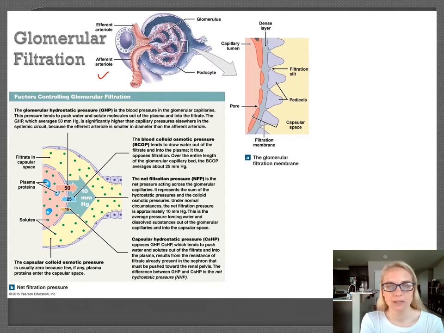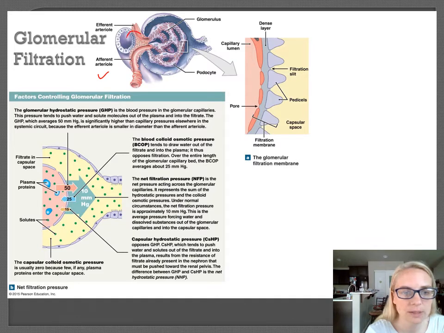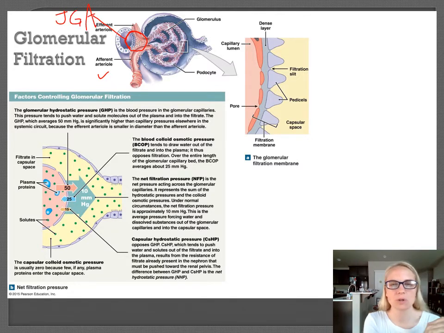One thing I forgot to mention in that first lesson, which I will here, is that this little structure area right here is called the juxtaglomerular apparatus, or sometimes called complex, the JGA. The juxtaglomerular apparatus is a collection of smooth muscle of the arterioles and some of those simple cuboidal cells of the distal convoluted tubule.